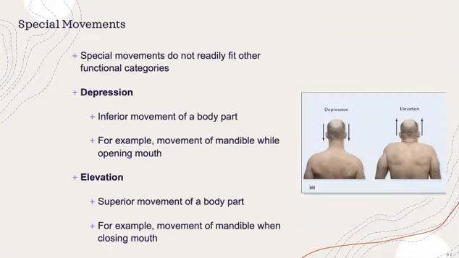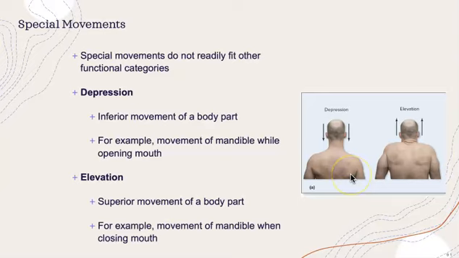Next, let's talk about some special movements that really aren't going to fit the other functional categories. So, for example, we have the terms depression and elevation. Now, this can take place regarding our mandible or the scapula, like you see pictured here. When we have depression, we're pulling the scapula down, almost like we're really pulling our shoulders down. And so it's an inferior movement of that body part.